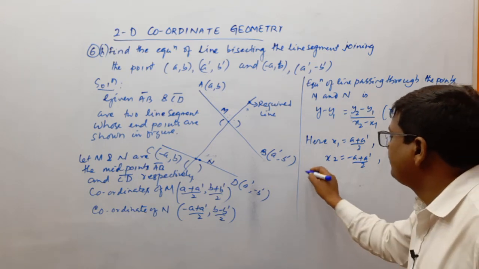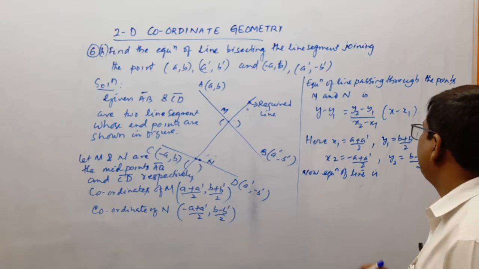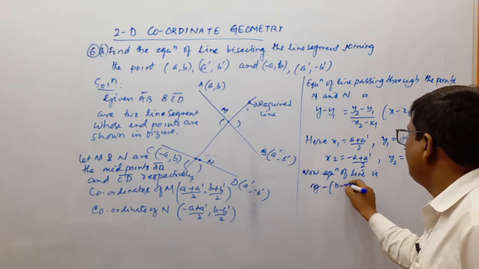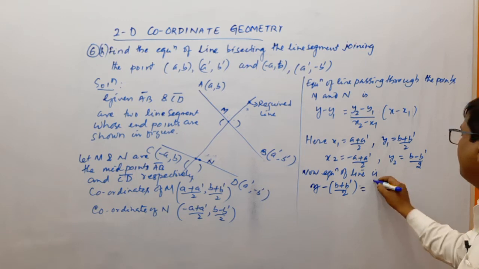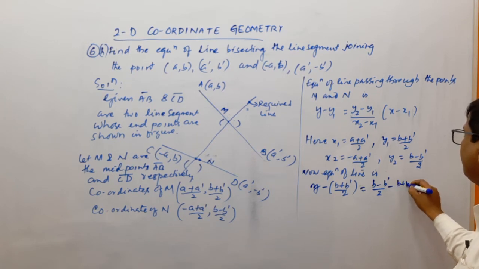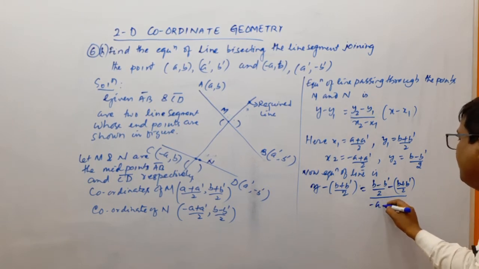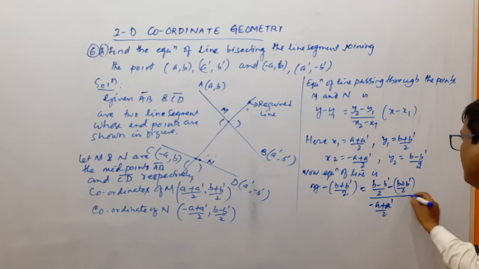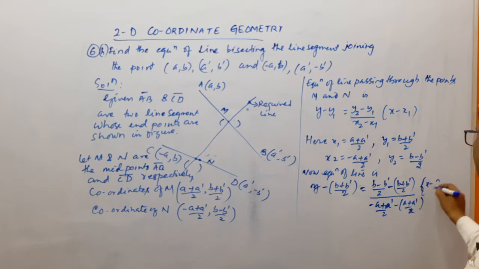Now the equation of line is y minus y1, that is y minus (b plus b dash) by 2, into y2 minus y1, that is (b minus b dash) by 2 minus (b plus b dash) by 2 whole, divided by x2 minus x1, that is (minus a plus a dash) by 2 minus (a plus a dash) by 2, into x minus x1, that is x minus (a plus a dash) by 2.